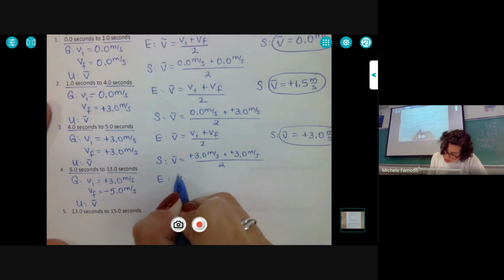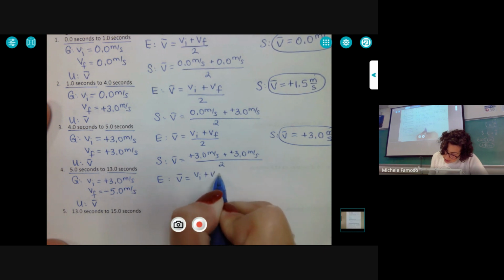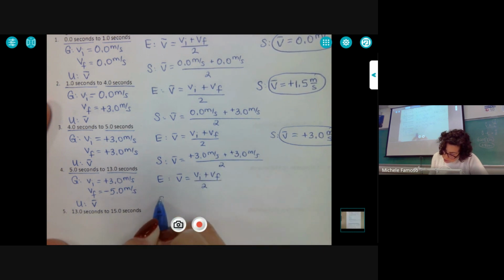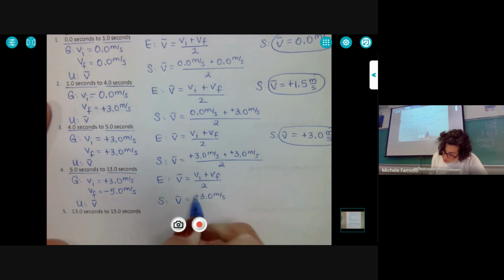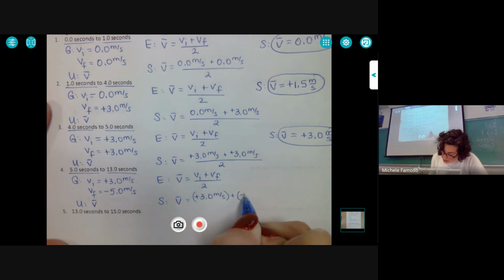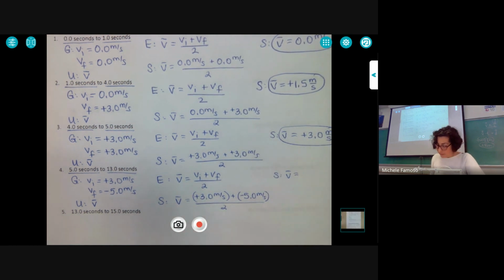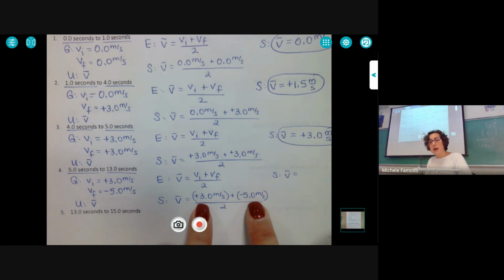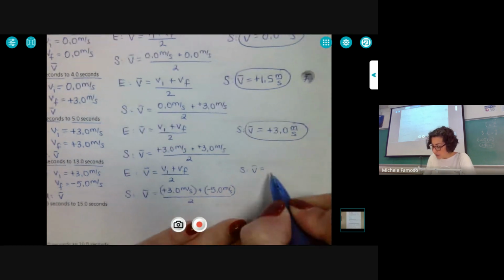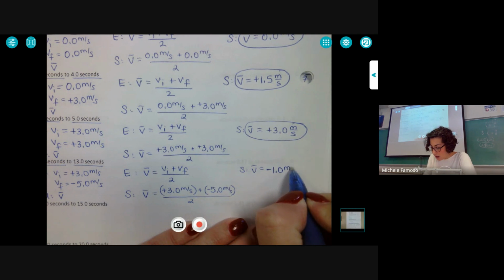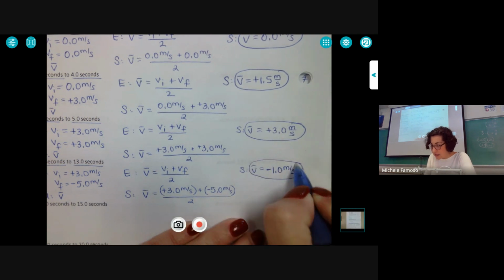So we're going to take the VI, add it to the VF, and divide by 2. So positive 3.0 meters per second plus negative 5.0 meters per second divided by 2. Positive 3 added to negative 5 is negative 2. Negative 2 divided by 2 is, okay, so keep it with the same precision. So we're going to say negative 1.0 meters per second for that time interval.